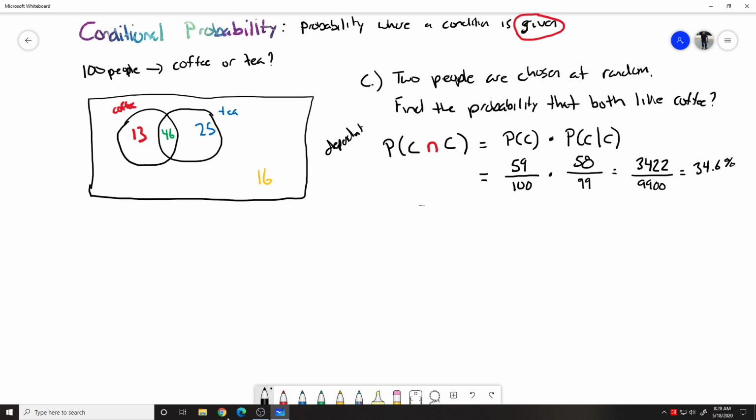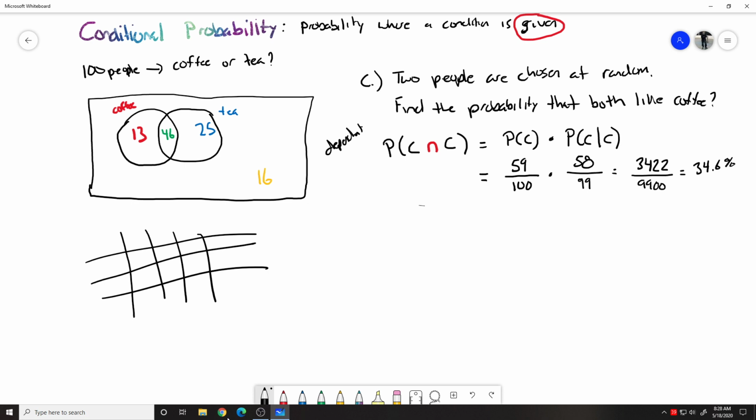Okay, so that's conditional probability. We can also do it with a two-way table. I'm not going to go through a full example with you, but I could have given you a two-way table with different categories. This is your out of total, and the same thing. Let's say we have age groups, 0 to 10. If we're given a certain age group, then obviously you're going to be looking at the total right here, the people that you're given.